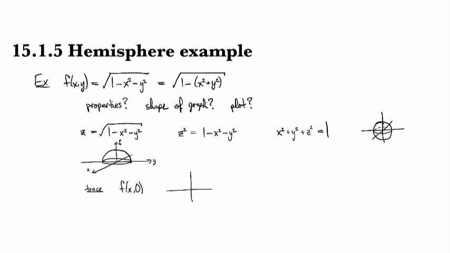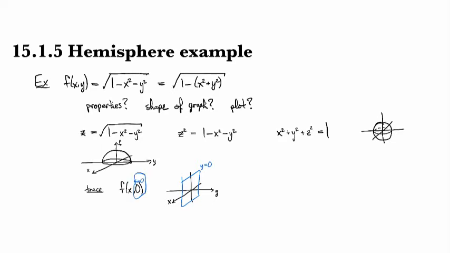So here's my x-axis, here's my y-axis. So y equals 0 is this sheet right here. And I want to look at the intersection with that plane, y equals 0, because I've got y equals 0 in my formula here.